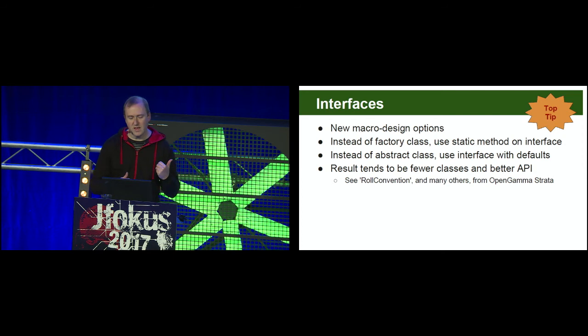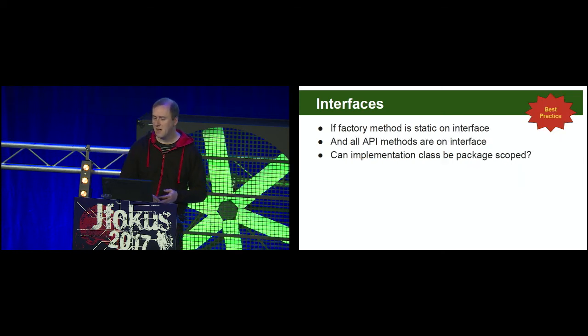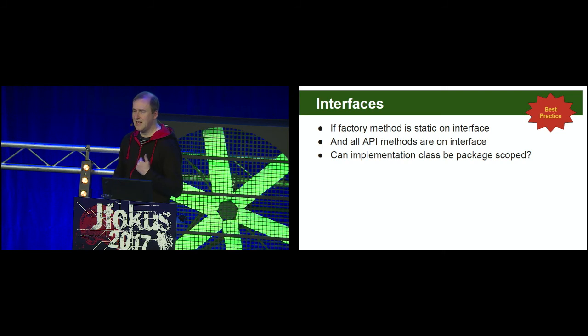So if you follow this, what you actually end up with is fewer public classes. Because if the factory method is static on the interface, and all the API methods are on the interface, why does my implementation class need to be public?